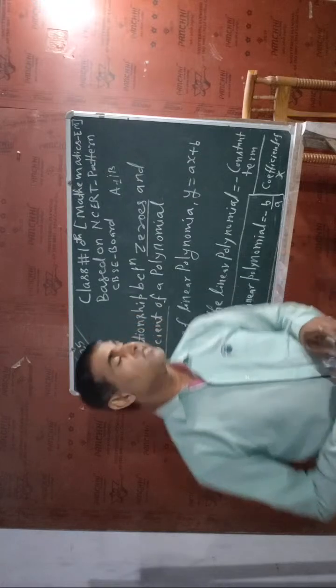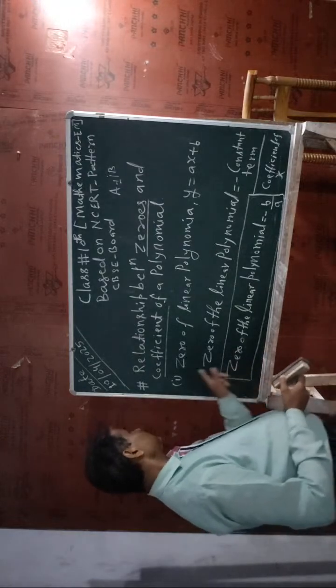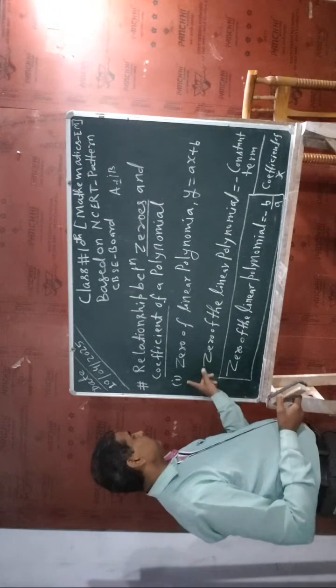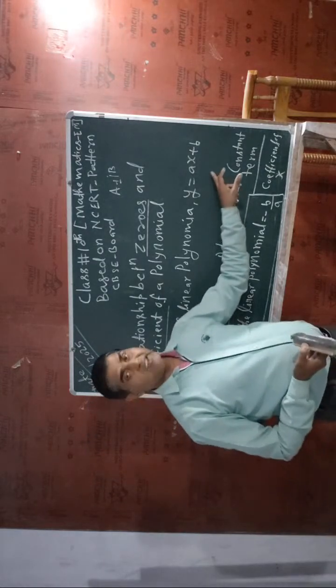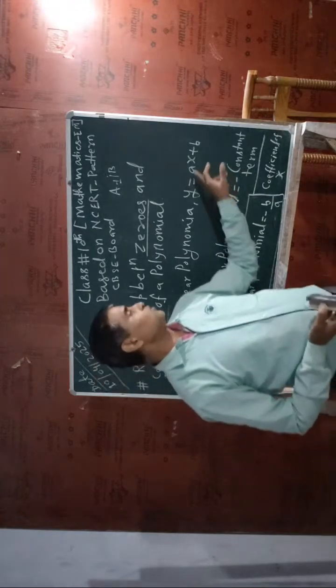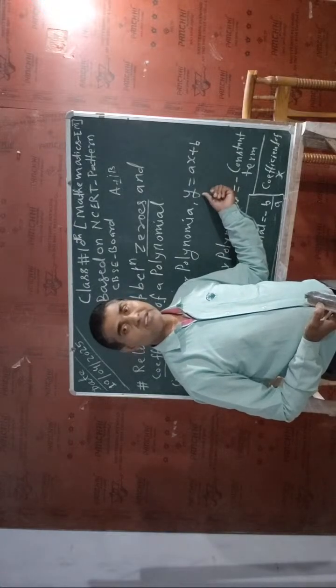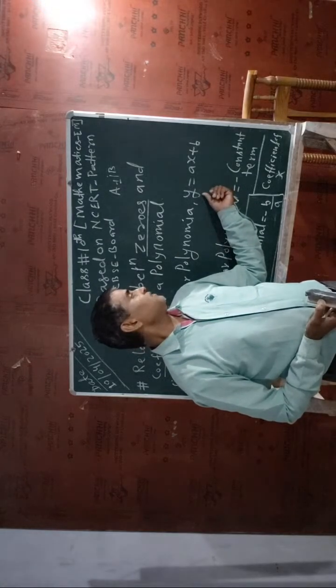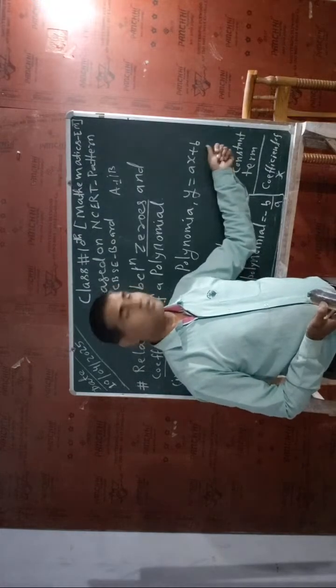Okay, student. Now I am going to explain the further concept. I have explained the first point, zeros of the linear polynomial, and a linear polynomial is written in the form y is equal to ax plus b, where y is the polynomial in the form of x and a constant term.